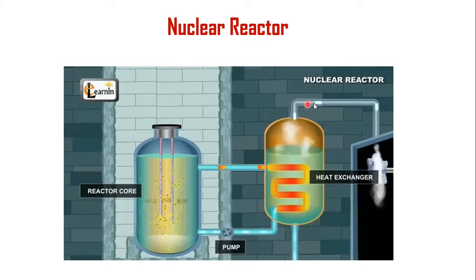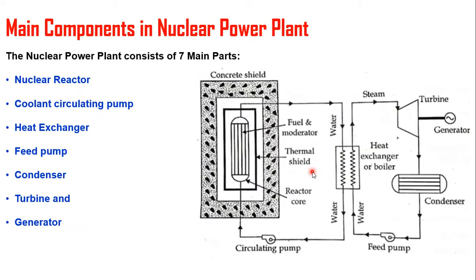This steam is passed through the steam turbine, and the turbine will rotate. Anyway, we need mechanical energy. Here the mechanical energy is developed by means of steam. How is that steam developed? The heat energy taken from the nuclear reaction is used to convert the water into steam. Okay.